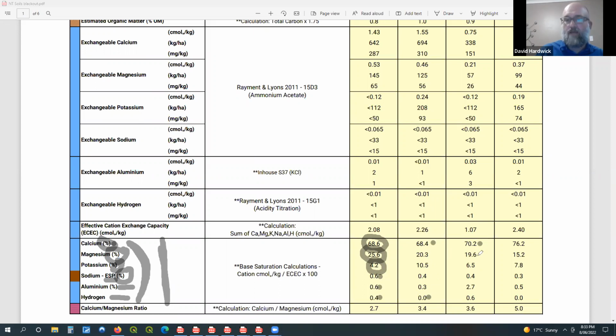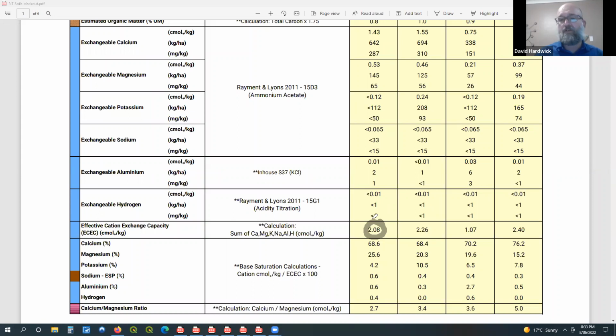This one has a bit more calcium. So you can see they've all got different ratios of those cations on the CEC. Here's our CEC here. Everyone see this soil has a CEC of 2. This is a Northern Territory soil. We've talked about these ones before. So it's got a small charge. The CEC is 2. So it's a small charged soil.